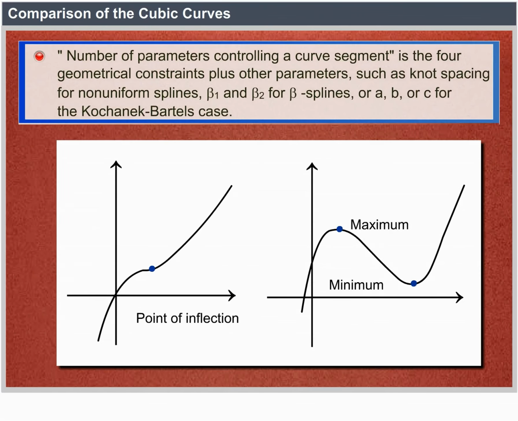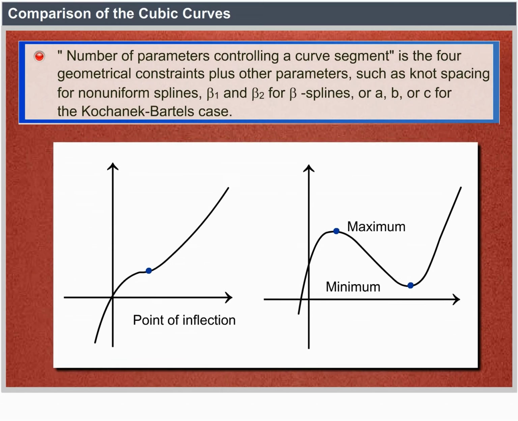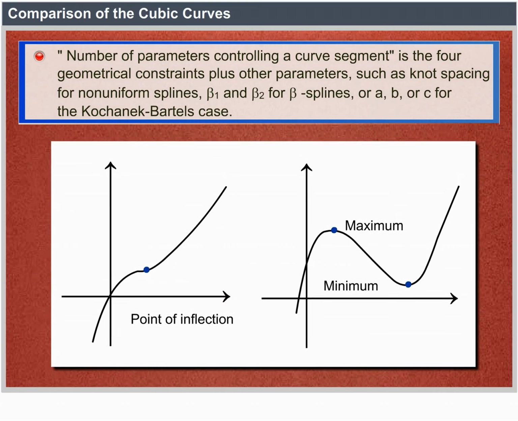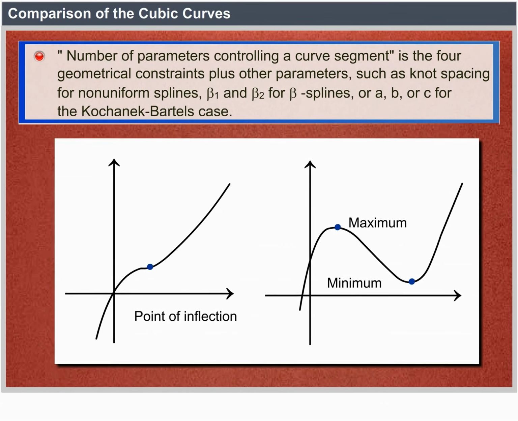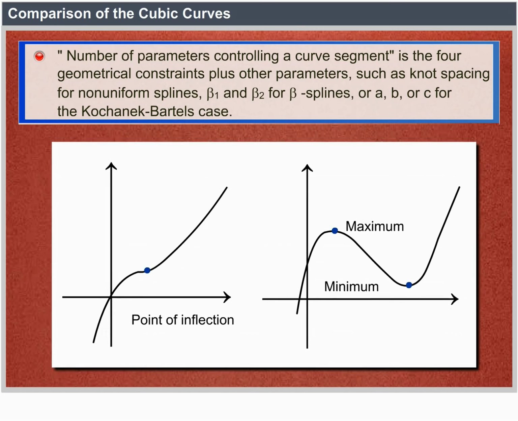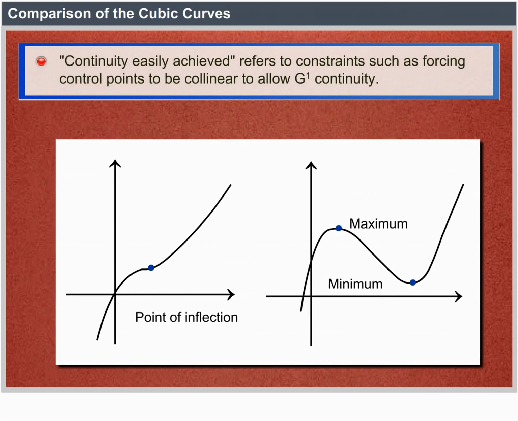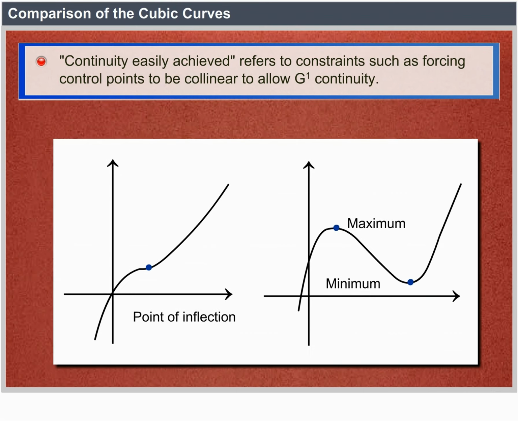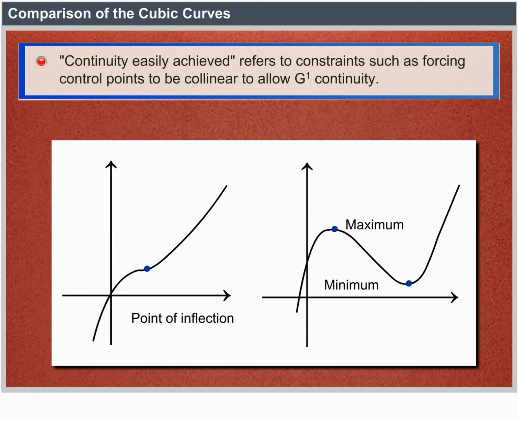Number of parameters controlling a curve segment is the four geometrical constraints plus other parameters such as knot spacing for non-uniform splines, beta 1 and beta 2 for beta splines, or A, B, or C for the Kochanek-Bartels case. Continuity easily achieved refers to constraints such as forcing control points to be collinear to allow G1 continuity.